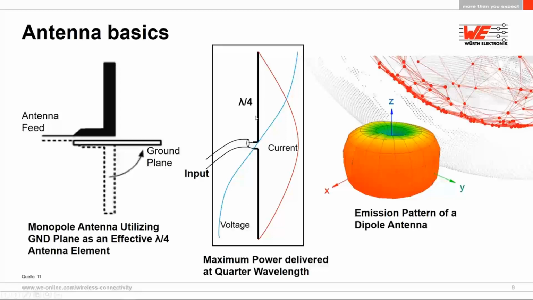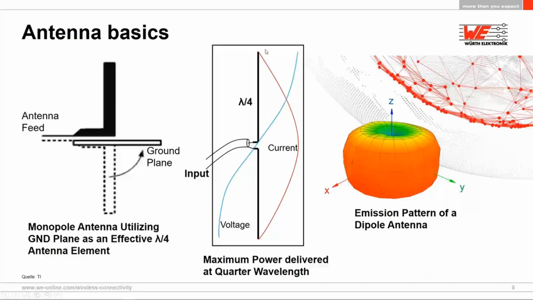Now, this dimension is chosen because with this setup, we can provide a good standing wave ratio. Now, if we have a good standing wave ratio, SWR, we get the maximum energy transmitted into space as an electromagnetic wave. And for that, look at the blue line.